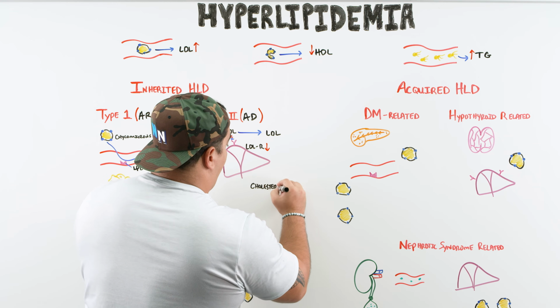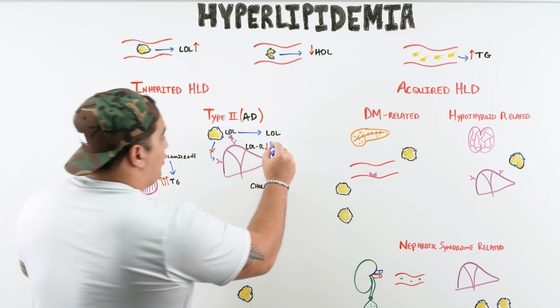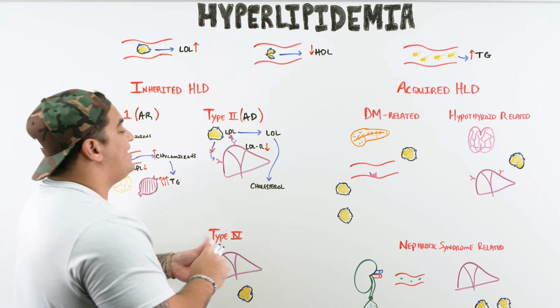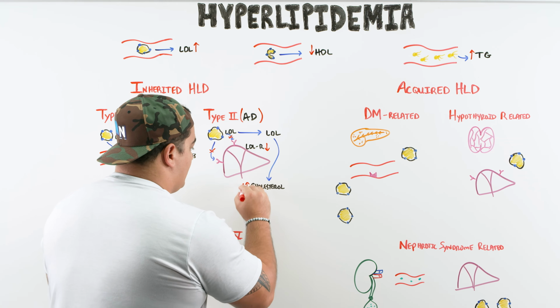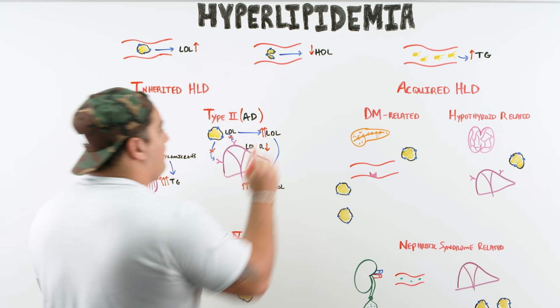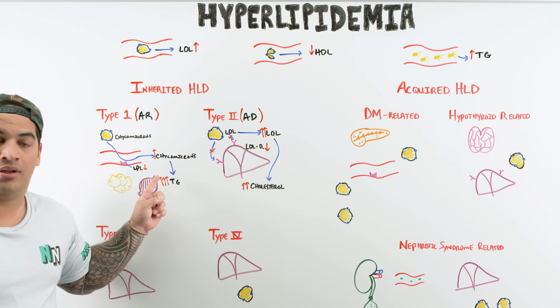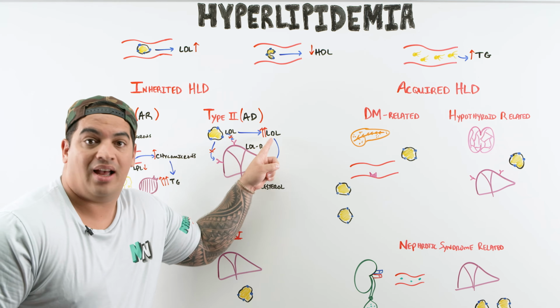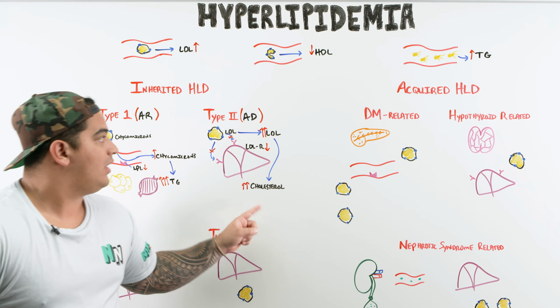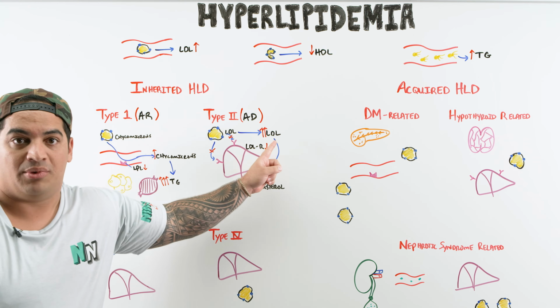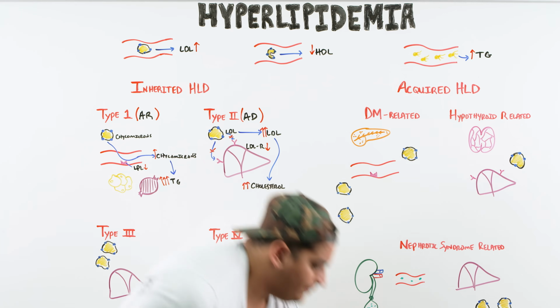They really go through the roof. And so what you'll notice is that these patients will have insanely high total cholesterol levels because they have insanely high LDL levels. So type 1, high triglycerides; type 2, high LDL, leading to an elevated total cholesterol. Autosomal recessive, autosomal dominant. All right, type 3 and 4.